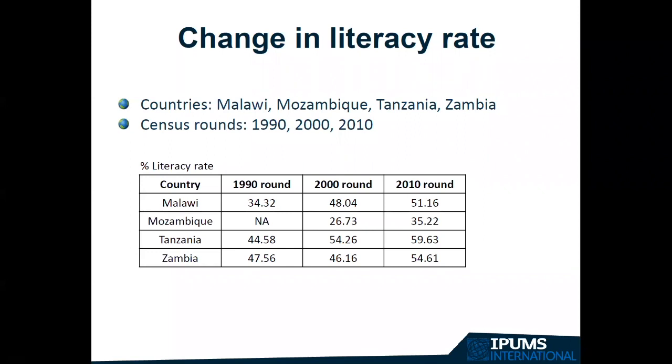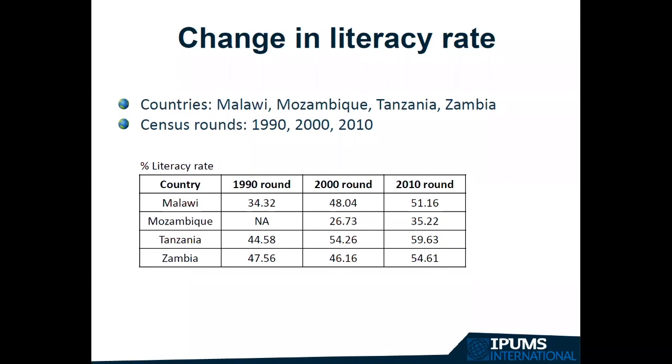Note that Mozambique only has 2 censuses compared to the other 3 countries that have 3 censuses. The table shows the national literacy rate. So overall, there's an increase in literacy rate, except a small dip in the 2000 census round for Zambia.